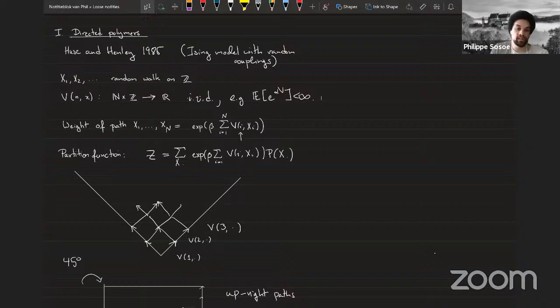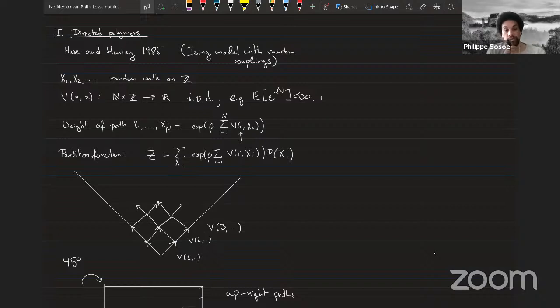This first index i of V ensures that we never see the same realization of a potential across different steps. Because we move across in time, it makes sure that the path never interacts twice with the same value of V, and that's what distinguishes this type of model from non-directed polymer models.